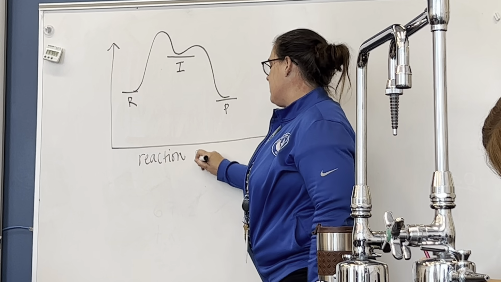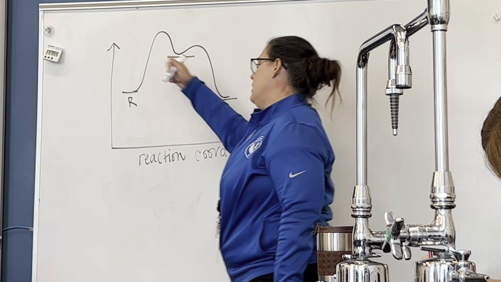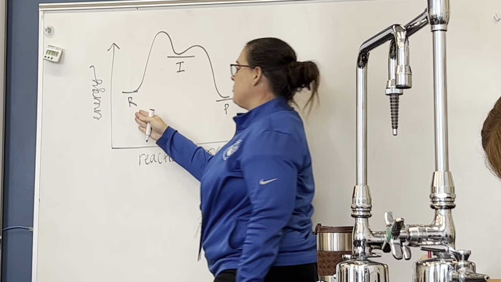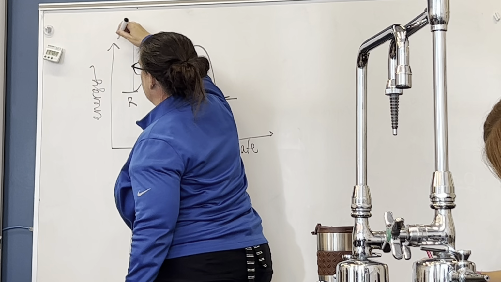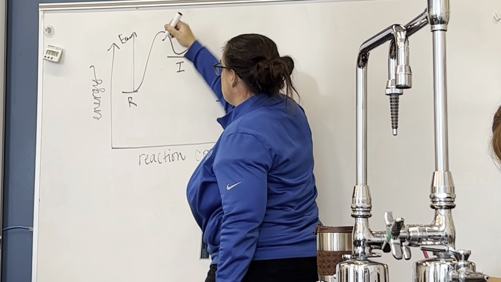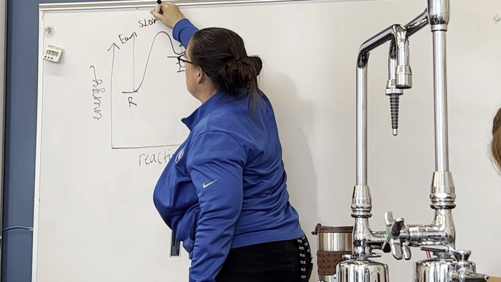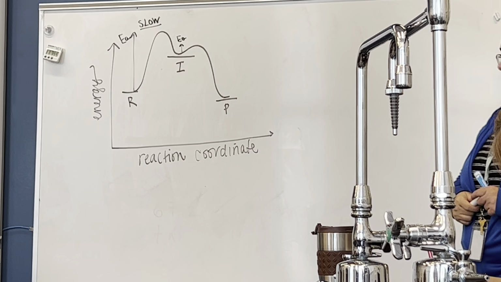The x-axis here is known as the reaction coordinate. The y-axis we typically call energy. I've shown you the reactant, the intermediate, and the product. This activation energy is much bigger than this activation energy, so that first step was the slow step, or the rate determining step.